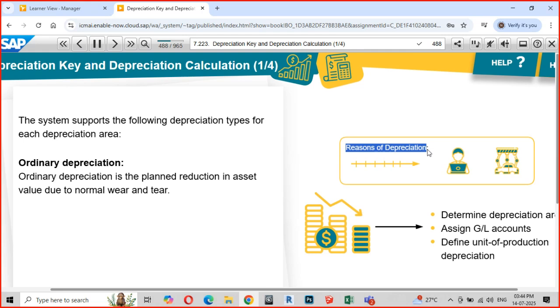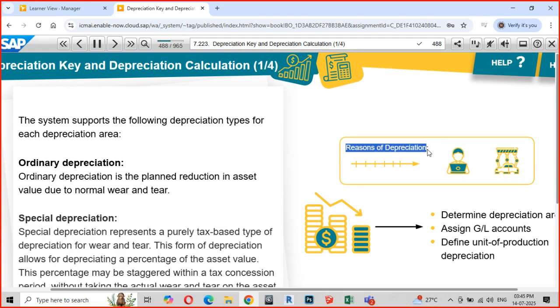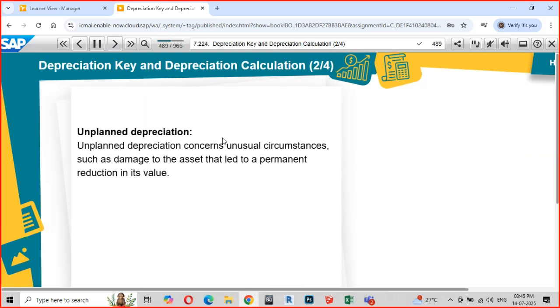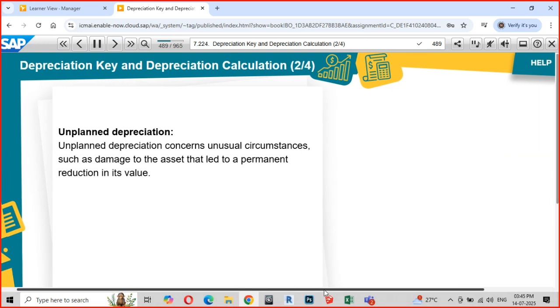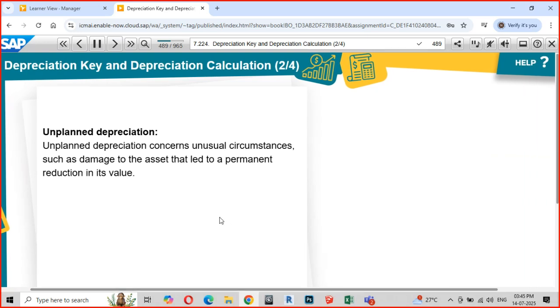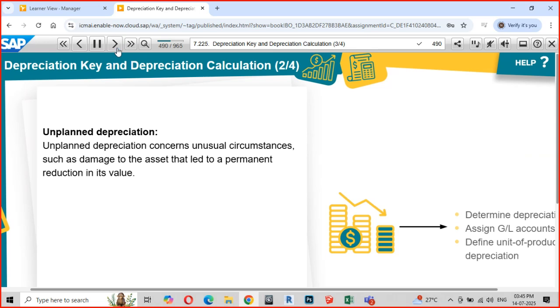It is nothing but the reasons for depreciation, which is called your depreciation areas. That is all. Read them through.